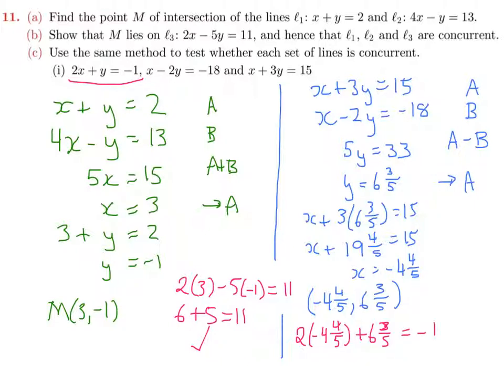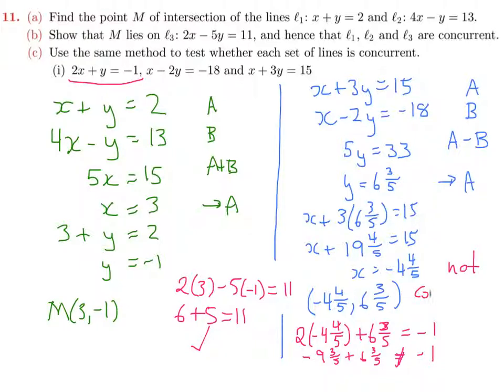Well, let's see, that's minus 9 3/5 plus 6 3/5, which is not what we want. That equals minus 3. So, therefore, the points are not concurrent. Excellent.